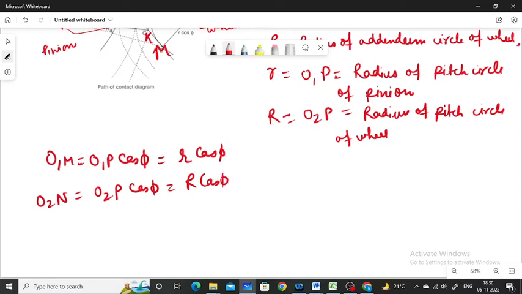Now from right angle triangle O2KN, we need to find KN. In a right angle triangle, what can we apply? We can apply Pythagoras: hypotenuse square equals perpendicular square plus base square. For right angle triangle O2KN, KN is the base. So base equals under root of hypotenuse square minus perpendicular square, that is O2K square minus O2N square.